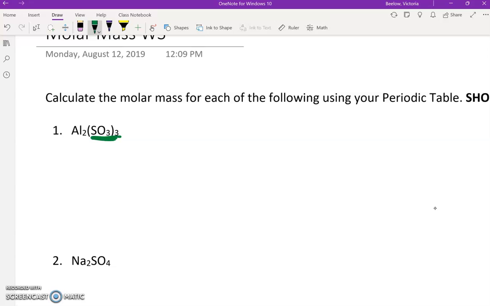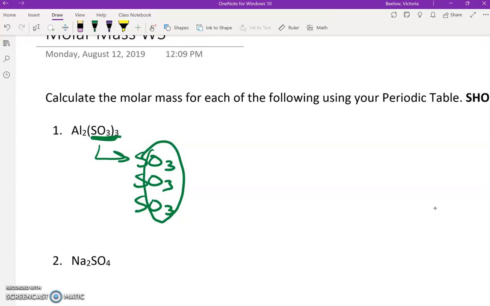So you have SO3 on the inside, and then there's a 3 on the outside here. Again, this is literally saying that you have 3 SO3s. So you would have 3 sulfurs in total. However, you would have 3, 6, 9 oxygens in total.